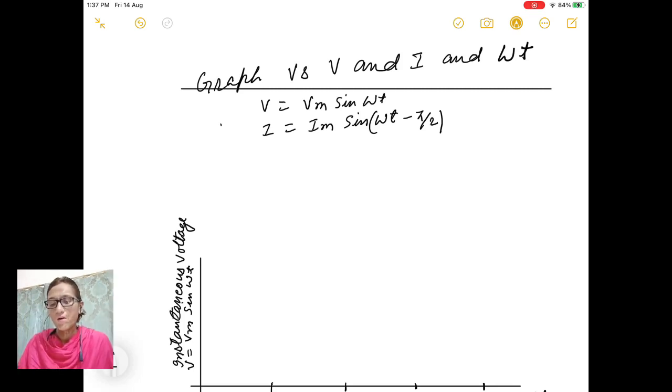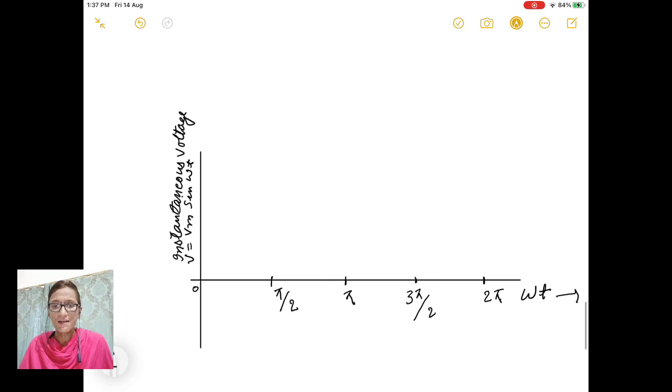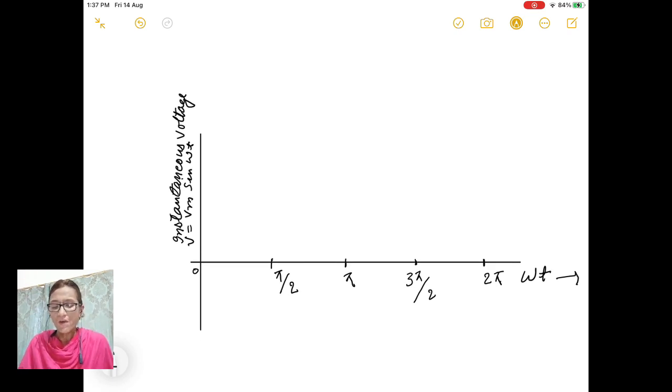If you draw a graph versus V and I, instantaneous voltage and instantaneous current, and omega t, for these two equations, here we have a coordinate axis, and along y-axis I have taken instantaneous voltage and instantaneous current. Here along x-axis we have omega t.